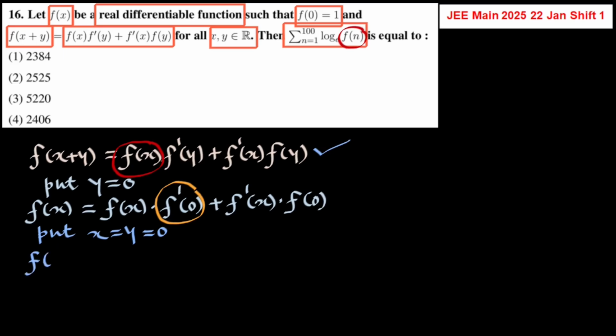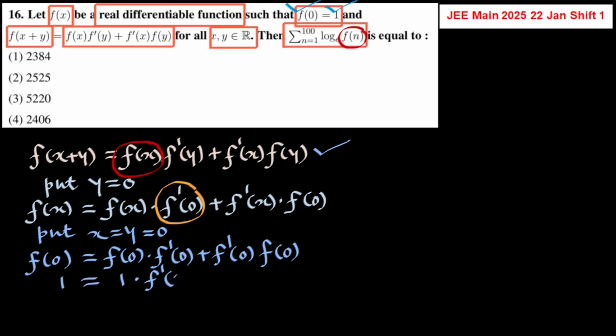So this will be f of 0 equals f of 0 into f dash of 0 plus f dash 0 into f of 0. Now here f of 0 is given to be 1. So we will put this value, 1 equals 1 into f dash 0 plus f dash 0 into 1. That gives 2 f dash 0 equals 1. F dash of 0 is half.